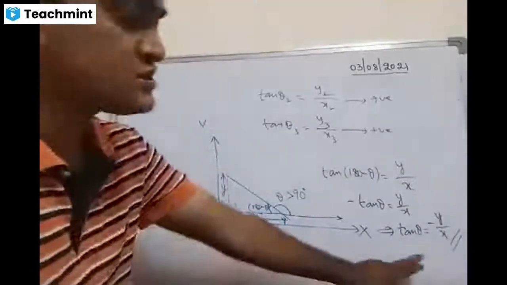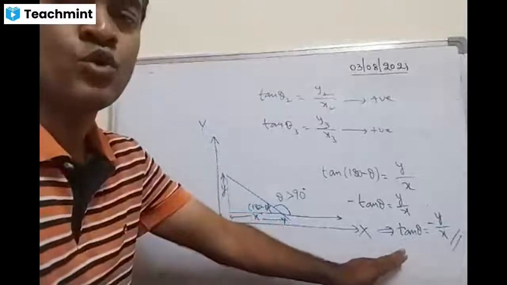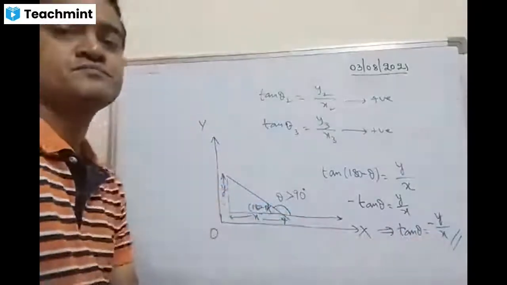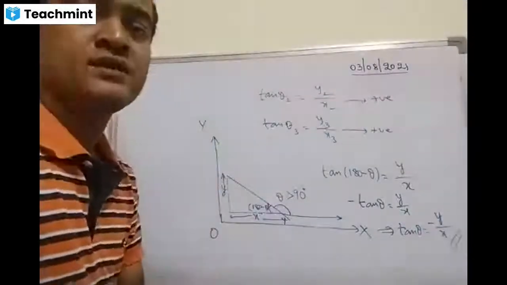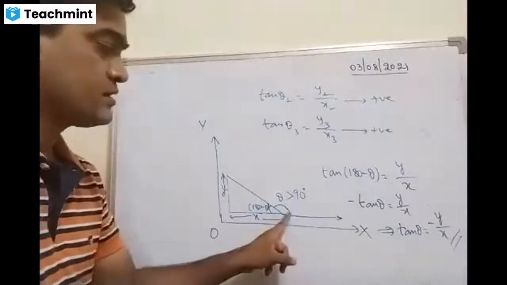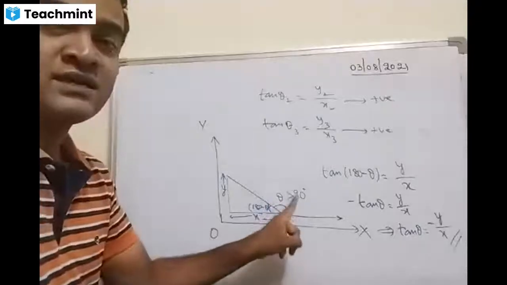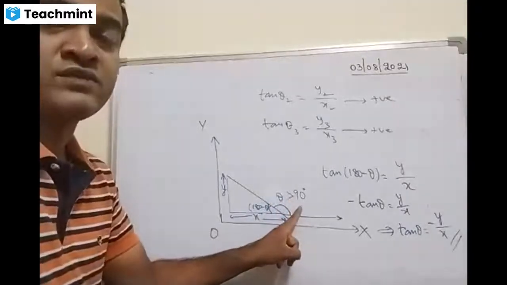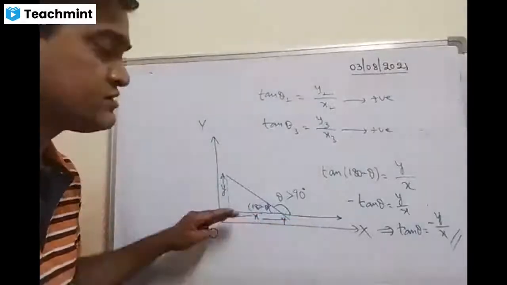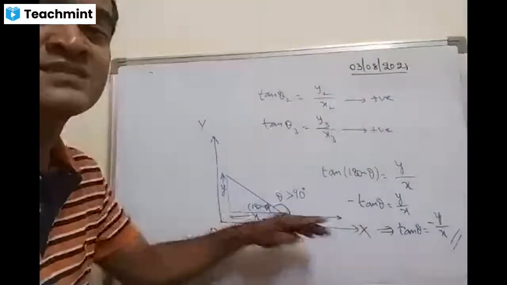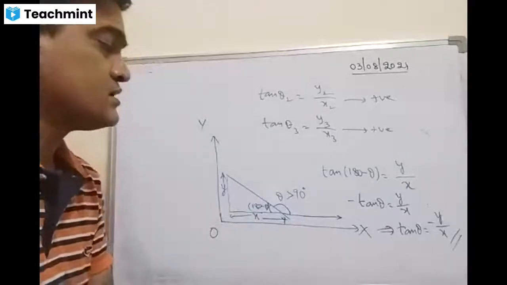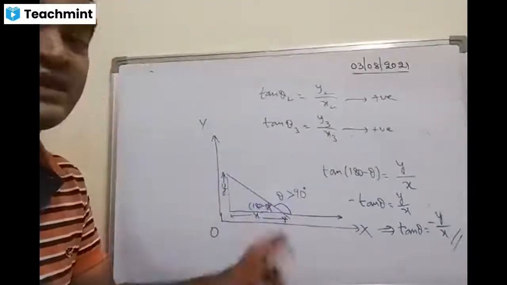Now, tan theta is nothing but the slope. The slope value I am getting is negative. Slope is negative if theta is greater than 90 degrees. Very, very important: this theta is always measured with respect to the positive x-axis only, and then the other angle becomes 180 minus theta.